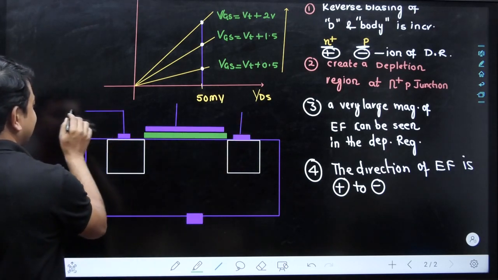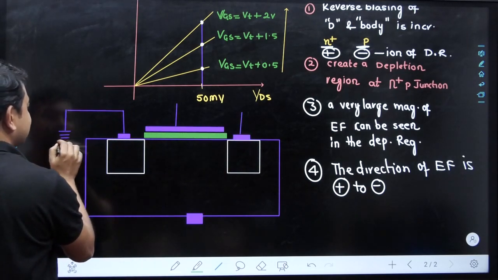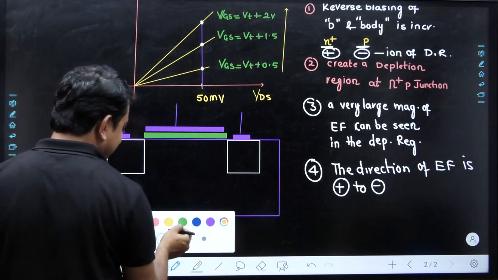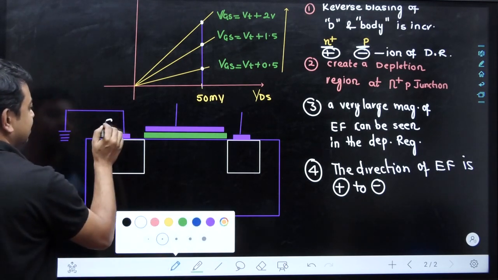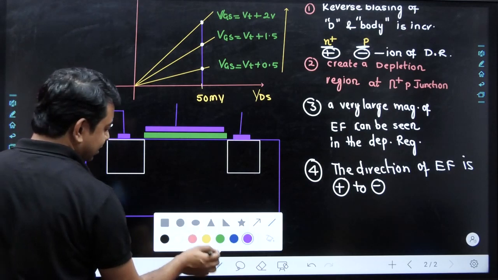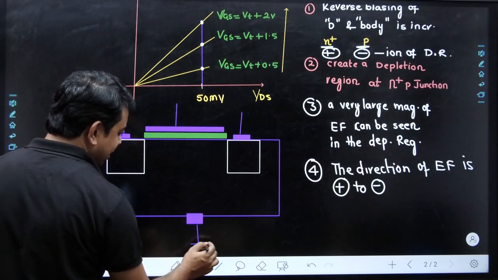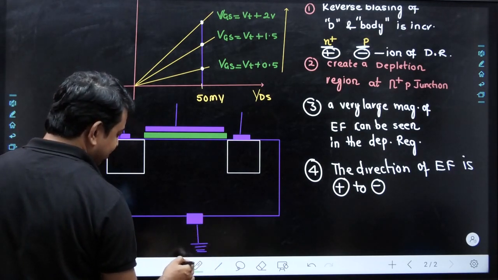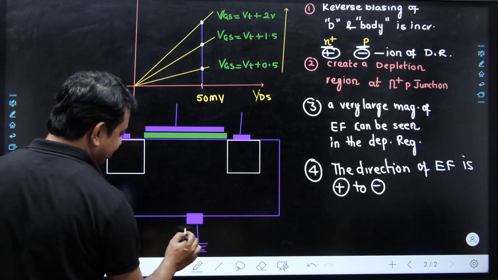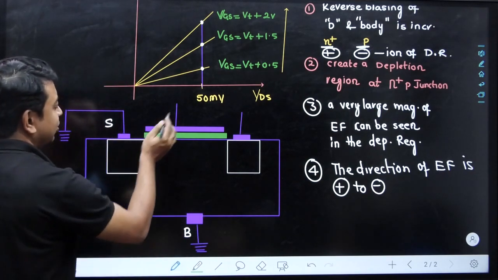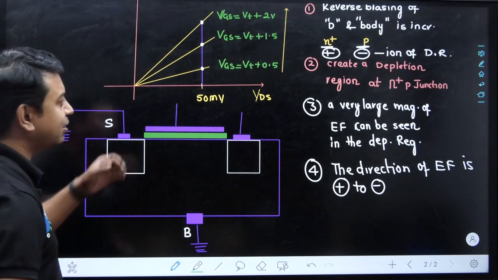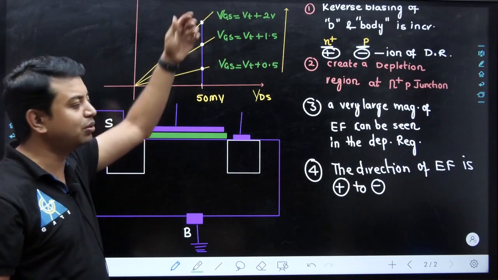We have no doubt about this one because this is the source terminal. It is always taken as the ground terminal. This is the source terminal, and here this is another terminal which is also taken as ground because this is the body terminal. Now we know that the gate terminal can be taken at any particular voltage.